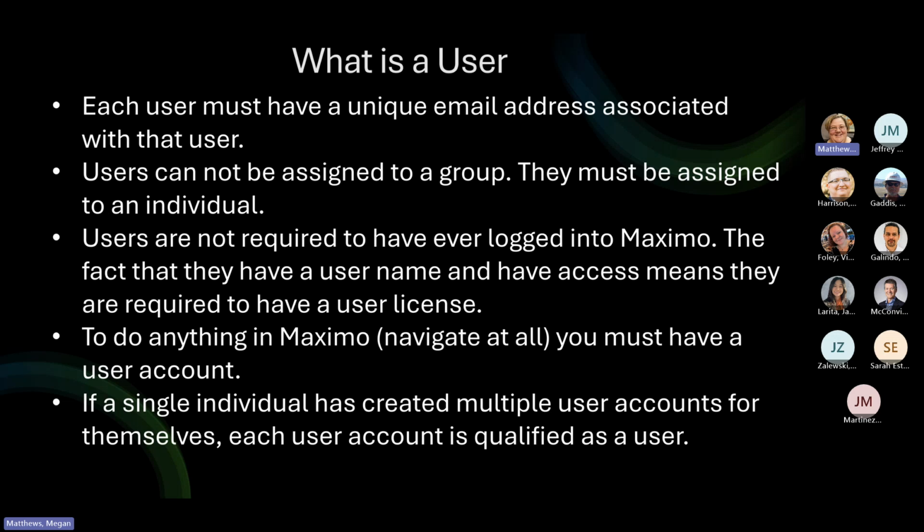I could set up 4 accounts with 4 different email addresses that I use to log into Maximo. Each one of those accounts would be considered a user as far as licensing goes. Even though all 4 of those are assigned to me as a human being, they are still 4 unique user accounts, and each one would need to be licensed accordingly.